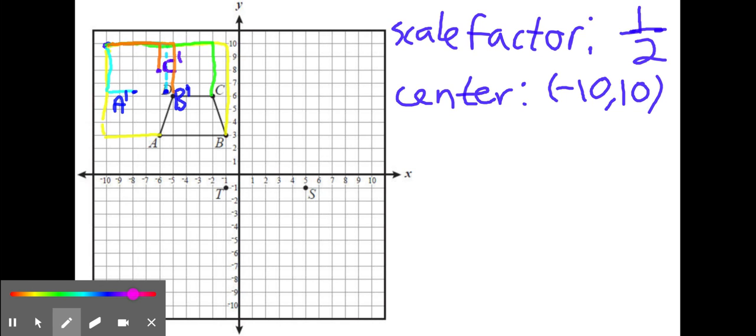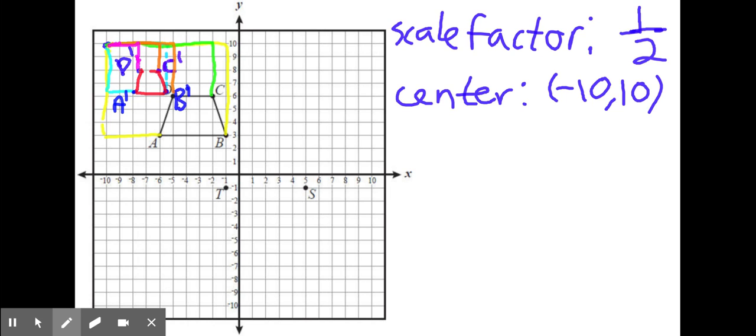It was over 5, so I'm going to go over 2.5 and down 2. And that puts point D prime right here. And then I can go ahead and connect them all now that I'm done.